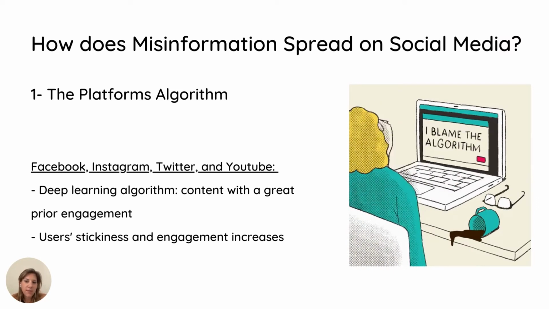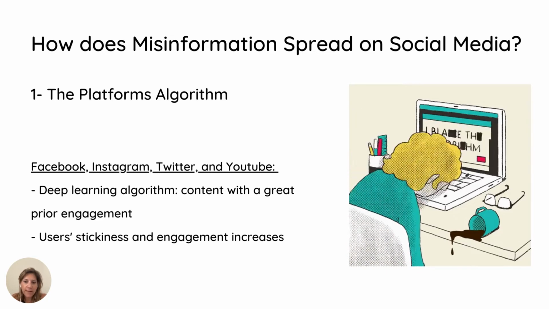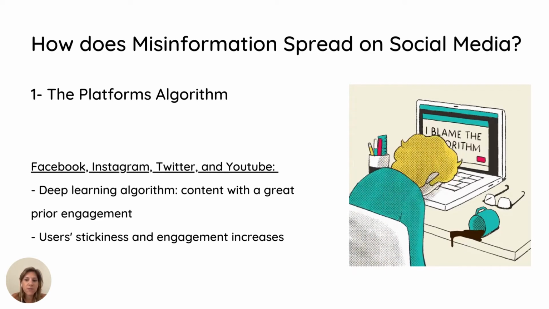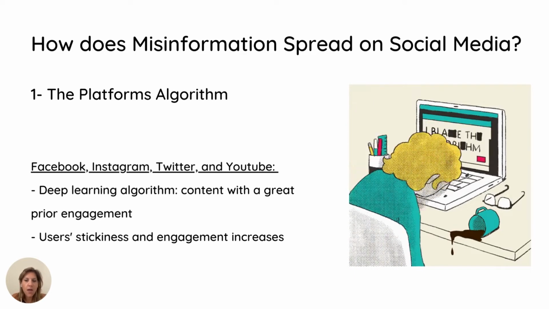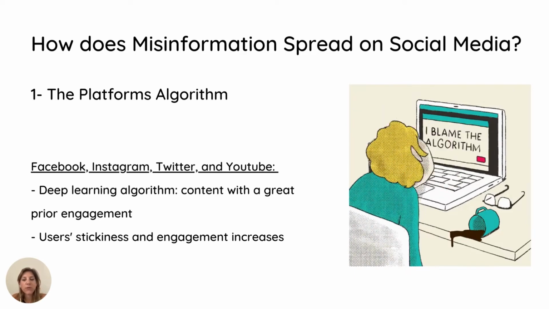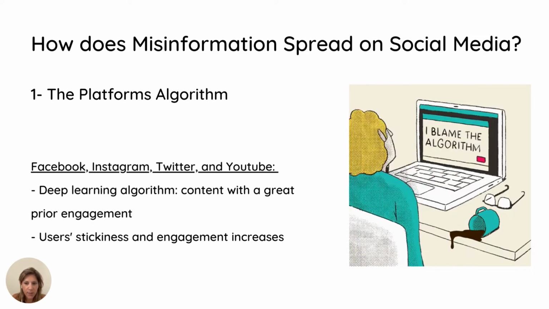So how does misinformation spread on social media? The first thing we need to look at to understand how it spreads is how the algorithms of social platforms work. All of the major social media platforms like Facebook, Instagram, Twitter, and YouTube use something that they call a deep learning algorithm.